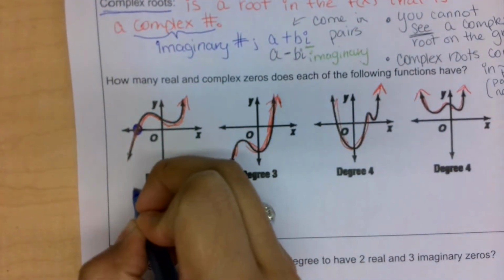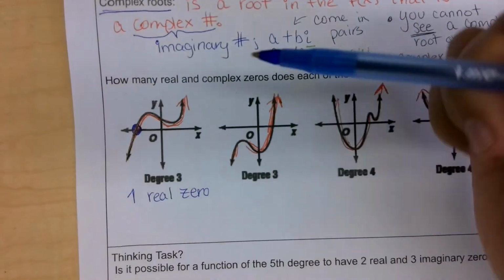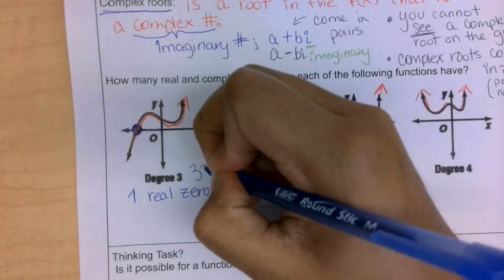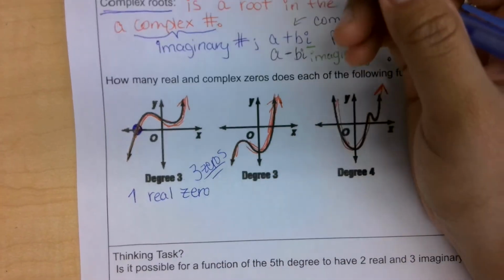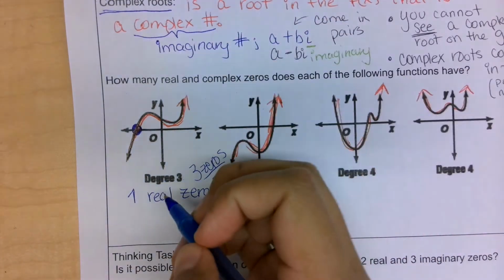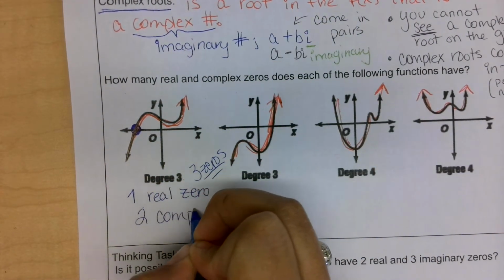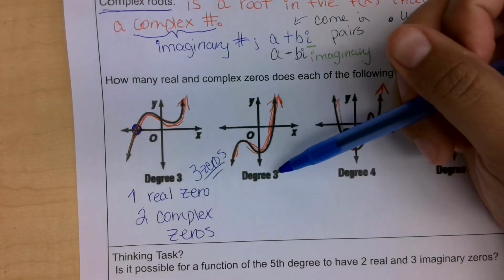So therefore we have one real zero, but we know that the degree is 3, so we need to have 3 zeros. We need to have 3 of those because that's what the fundamental theorem of algebra says. That's what we just learned up here. So if it has one real, that means there are 2 complex zeros.